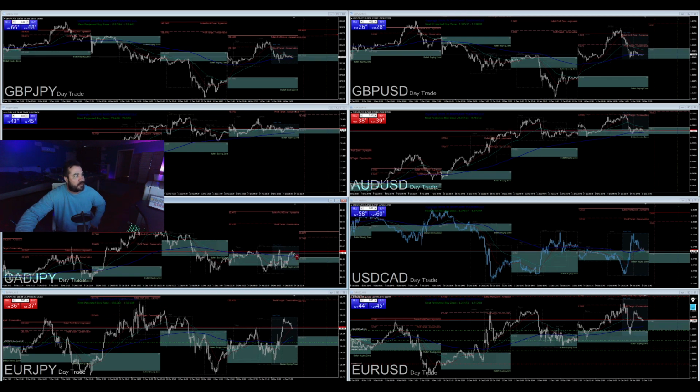Still haven't gotten the trade signal yet for the CAD yen. Just been sitting here right on the central pivot. Looks like we're setting up for a really nice trade tomorrow on the euro yen. I'll take it to the full whites.